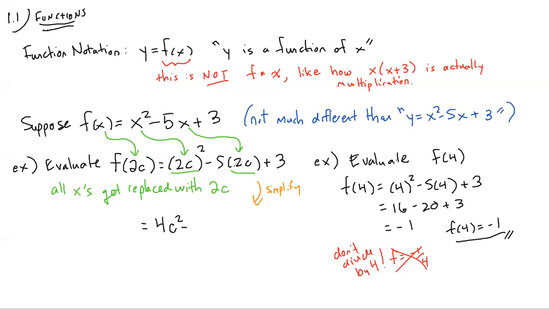And I can distribute the 5 through to get 10c. It's just a single term in there, and then plus 3. Those are 3 different terms, the c squared, c, and the constant, so I can't reduce that any further. So we should get just this new sort of polynomial in c.